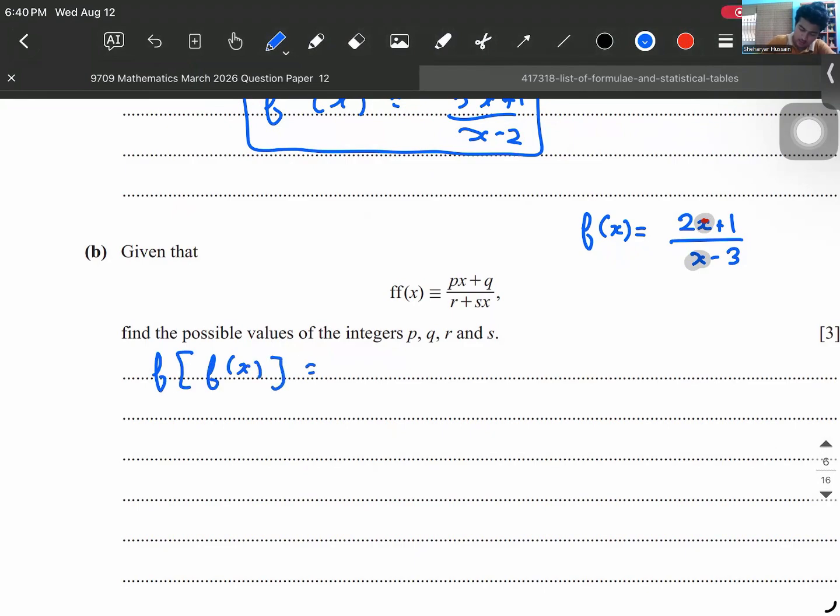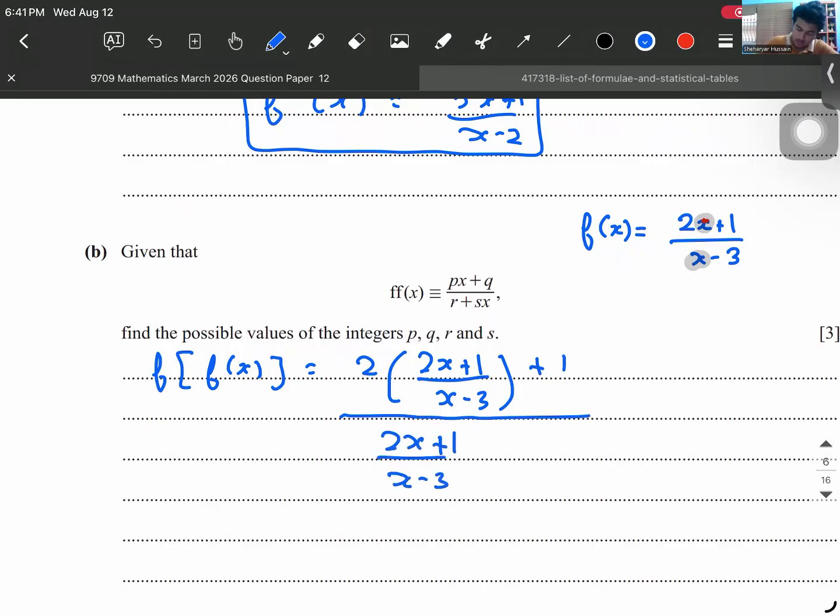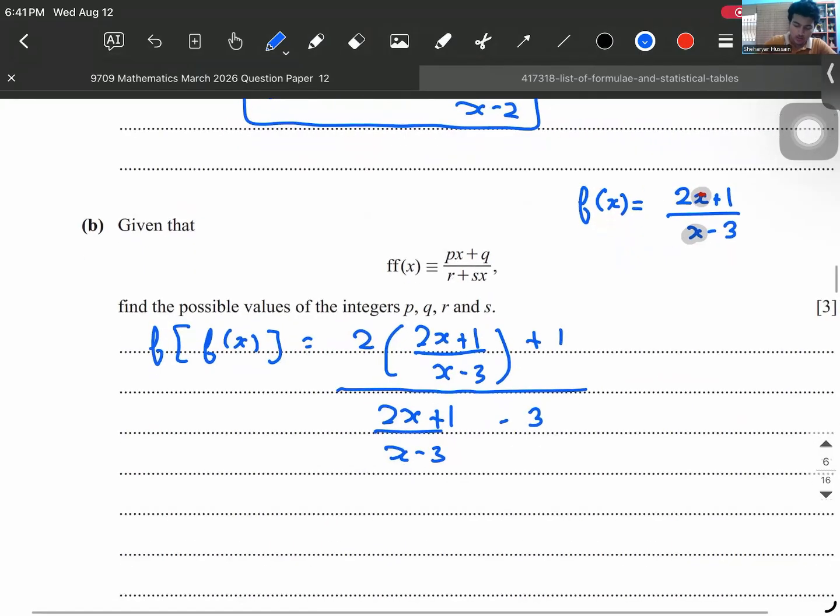So this turns out to be 2 times 2x plus 1 upon x minus 3, plus 1, right? And then we have 2x plus 1 upon x minus 3, minus 3. So what we are going to do here is take the LCM on both sides.